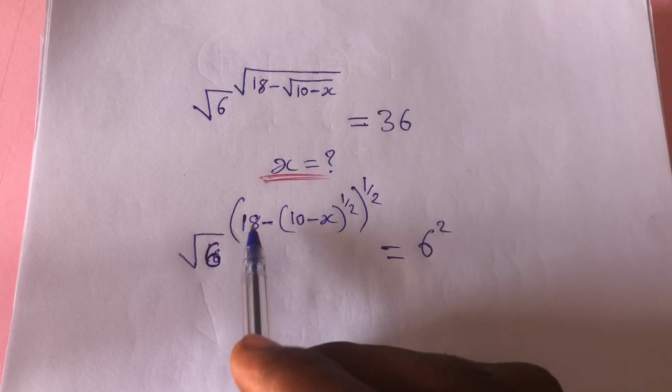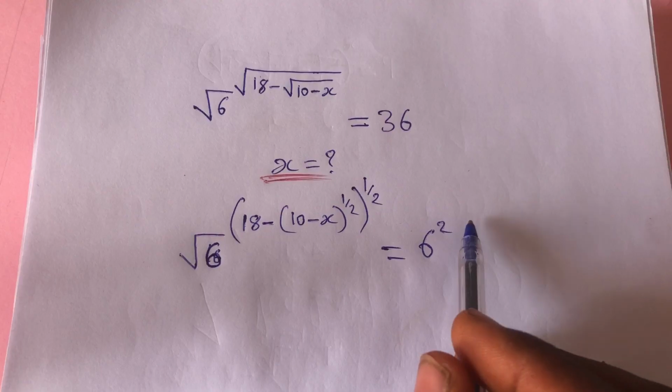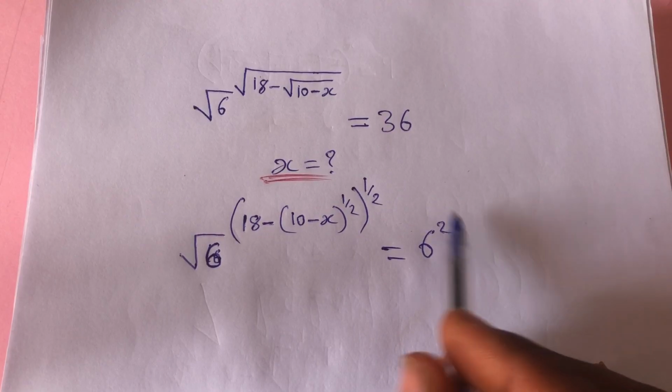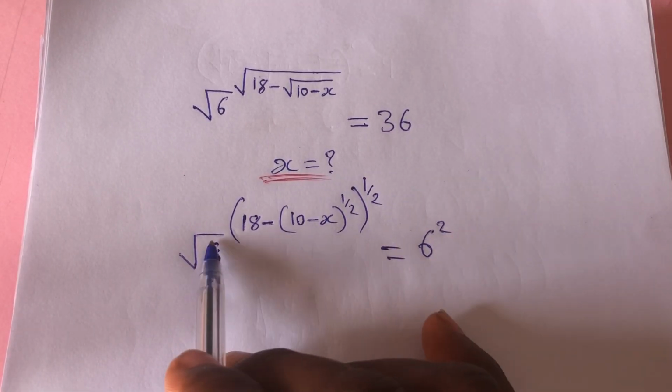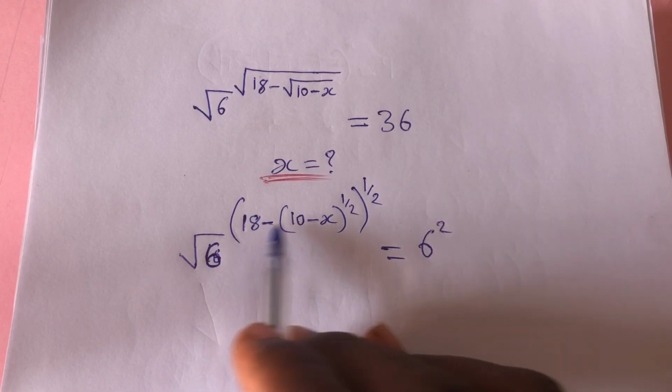So what if we move all these exponents to the side?